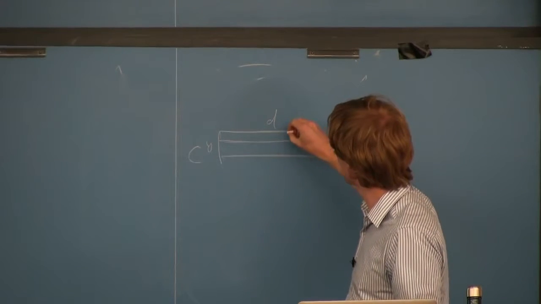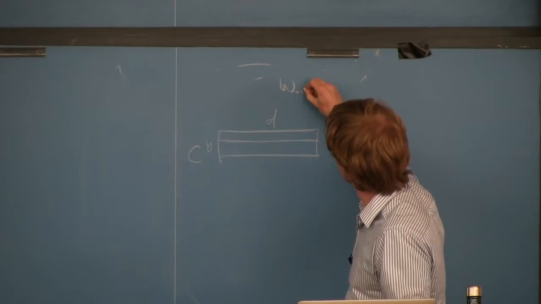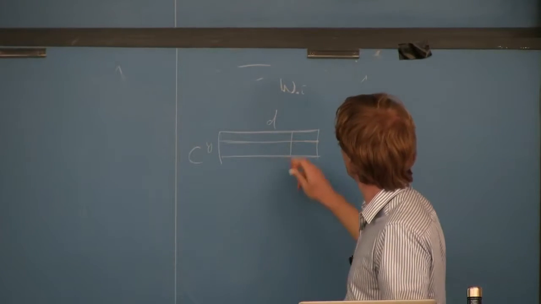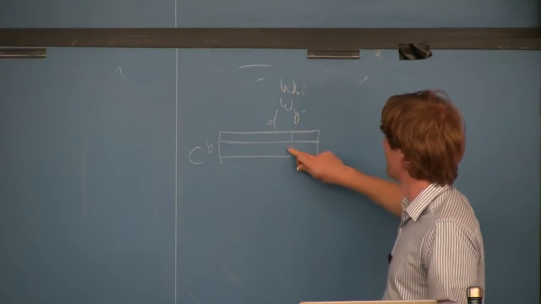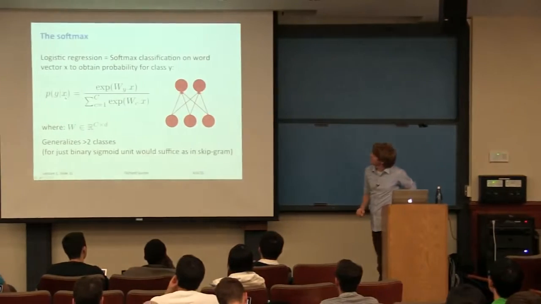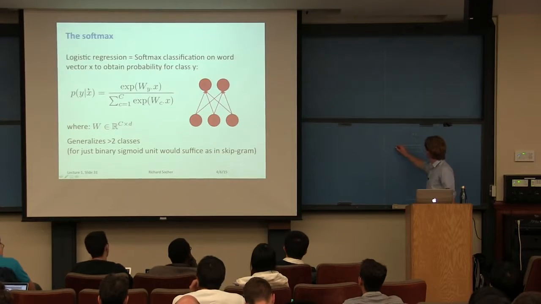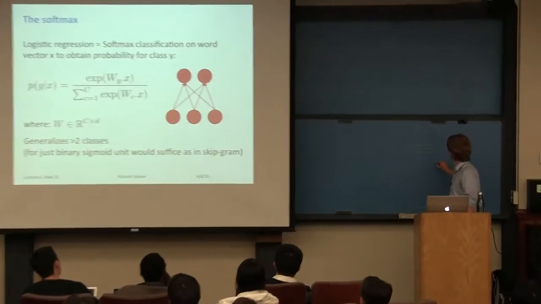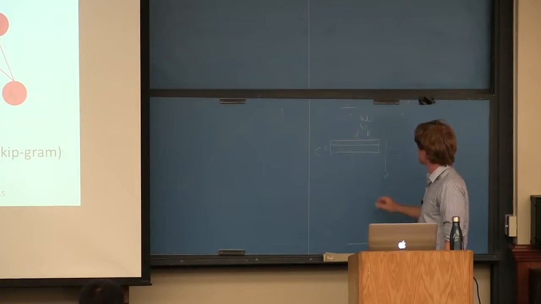So if I wanted to get a column here, I would write W dot i for the ith column, and Wy dot for the yth row. And so in order to compute here the probability for a specific y, we will take the yth row of that matrix and multiply it by our word vector x. And that will just give us a single number.